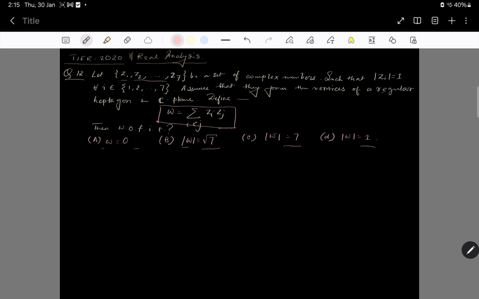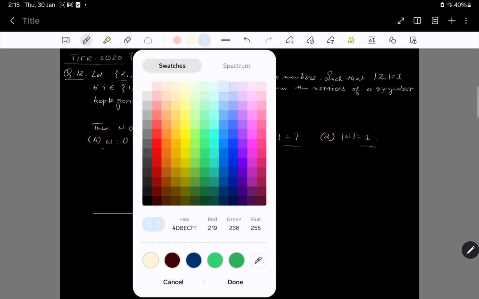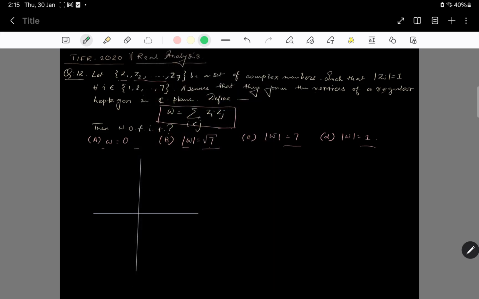Okay, great. Now since it has been provided that they are forming a heptagon, we should start the problem like this. We will draw the coordinates, and we will start drawing z1 over here on the real axis, or the x-axis.